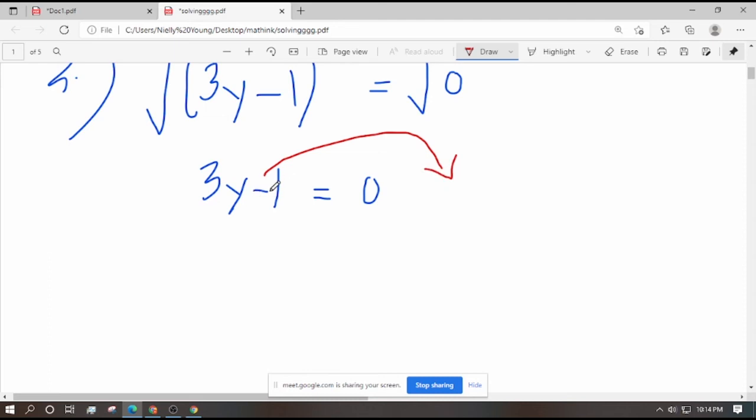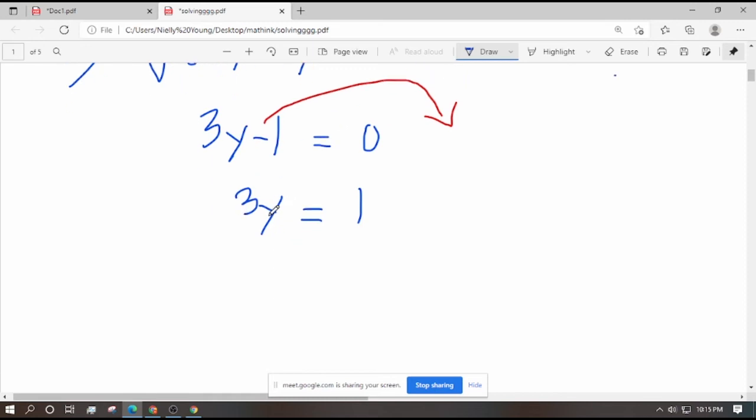And if you transfer it, the negative 1 will become positive. Okay? The sign changes when you transfer it to the other side. So, what is left is 3y equals positive 1. Why do we transfer it? Because it has no y. Its term has no common term. So, we transfer 1 because it has no y.